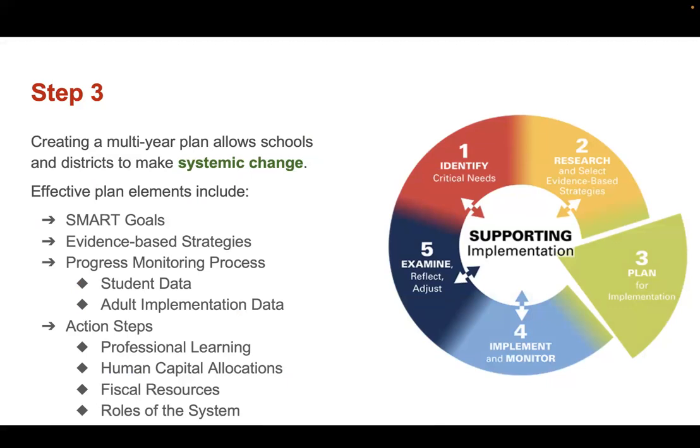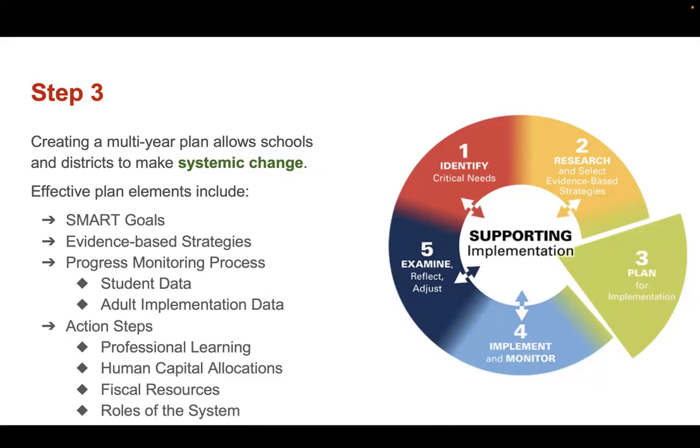In your One Plan SMART goals, you're going to set what progress monitoring process you're going to use, what student data you're going to look at, and what adult implementation data you're going to look at. You're going to set that up in advance. When it comes to the steps where you implement and monitor, having those set up in advance is going to be key, because that is going to give you what to look for.